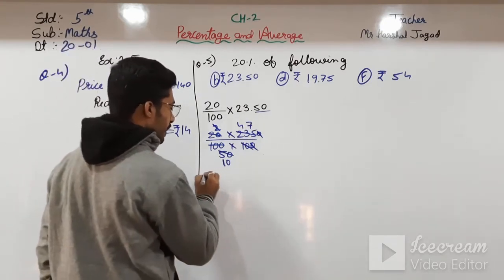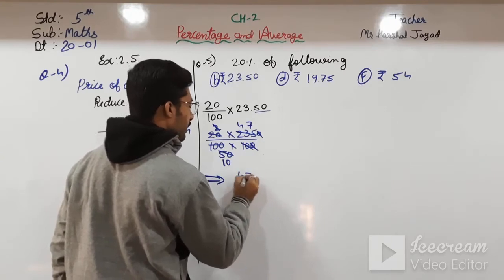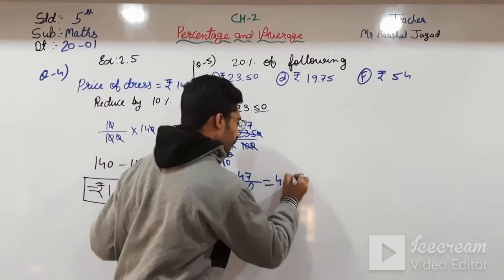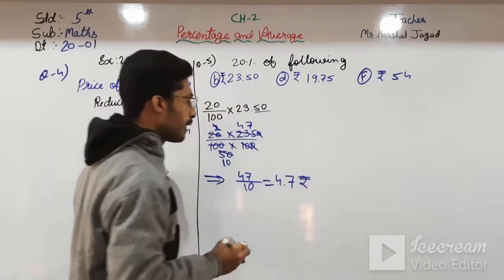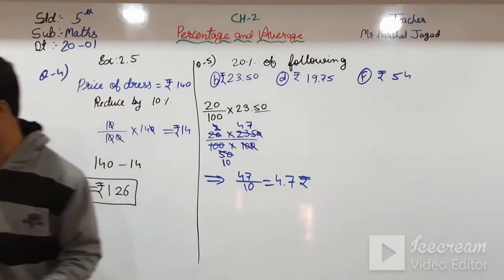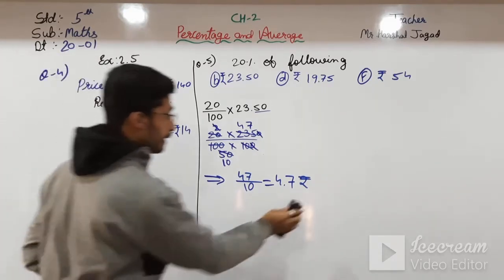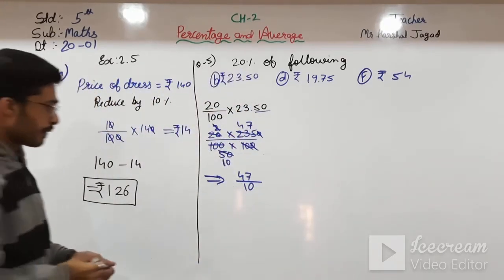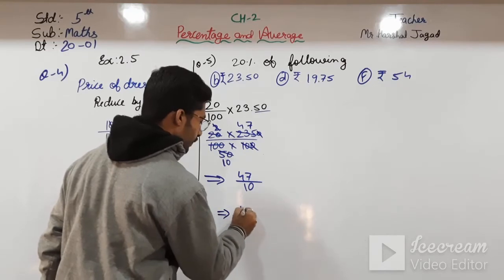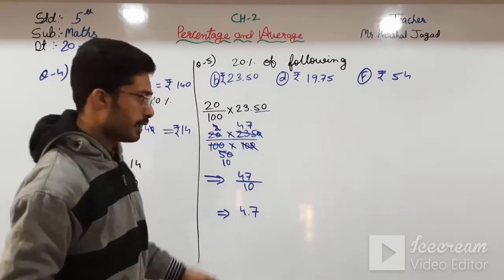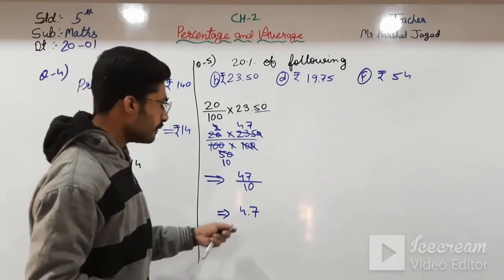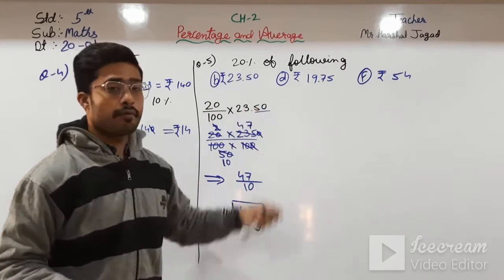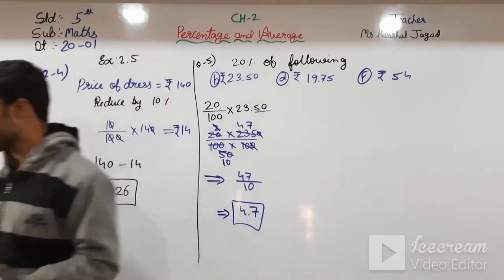Then we get 47 upon 10, so we write 4.7. So this is our 20% of 23.50, that is 4.7.